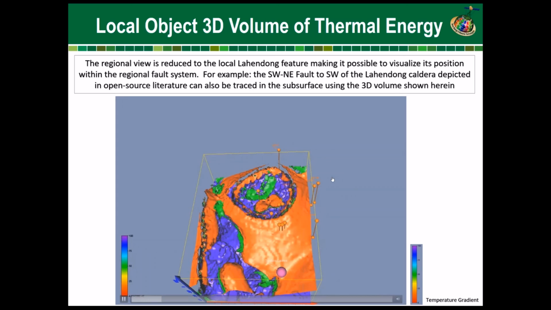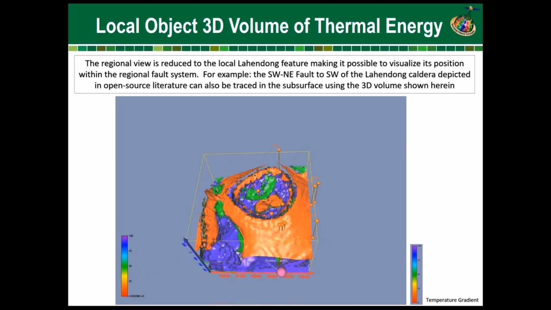We try to reduce the regional view, a very large area view, to the local Lahendong feature, making it possible to visualize its position within the regional fault system.